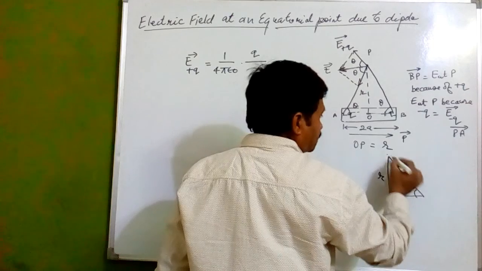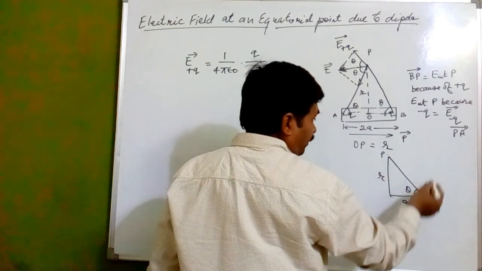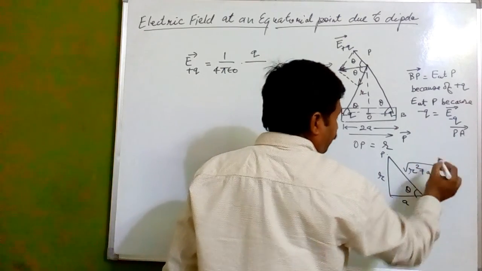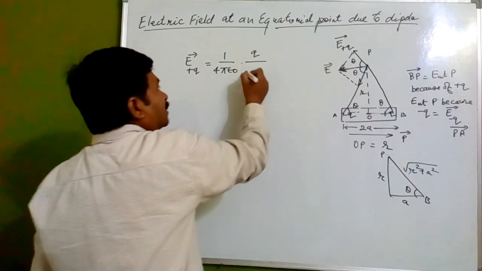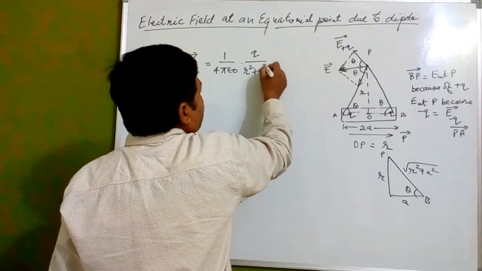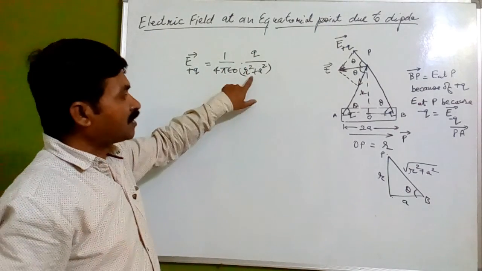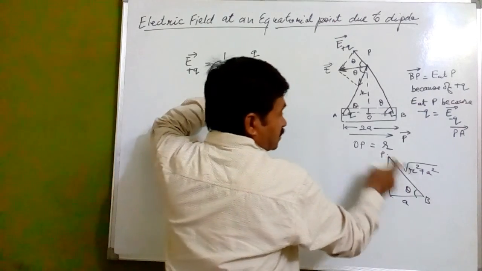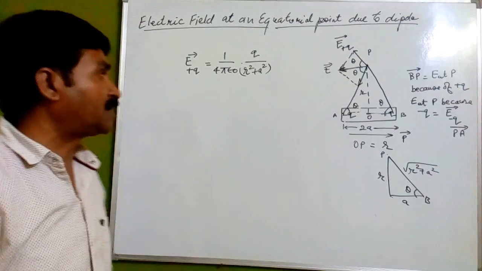So the distance from B to P will be the square root of r square plus a square. Normally it is 1 upon 4 pi epsilon naught Q upon r square, but here we take this distance, so it is r square plus a square.